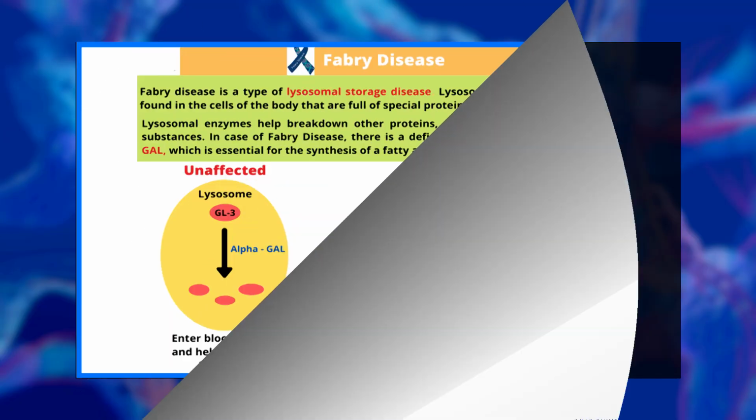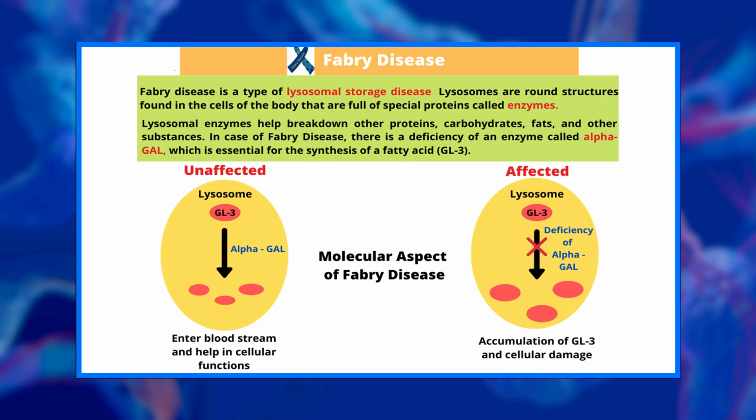Fabry disease is an X-linked disorder that involves the lysosomes. In this disorder, there is an excessive accumulation of neutral glycosphingolipids in the vascular endothelium, smooth muscle, and epithelial cells. The continued accumulation of glycosphingolipids accounts for dysfunction in almost every organ in the body.